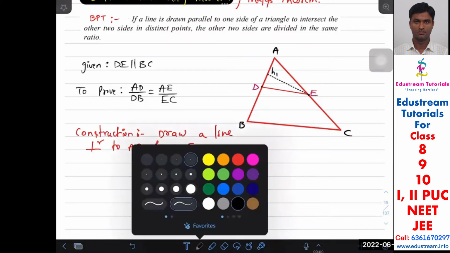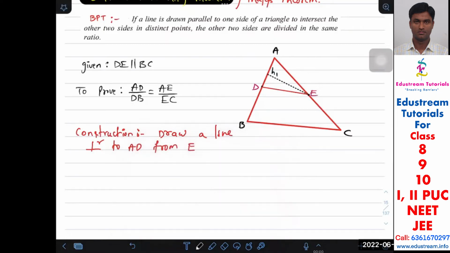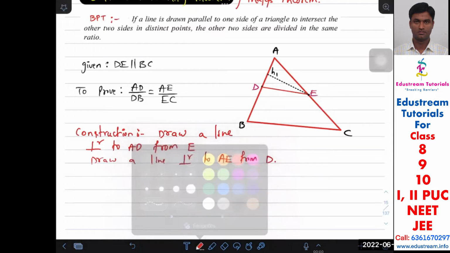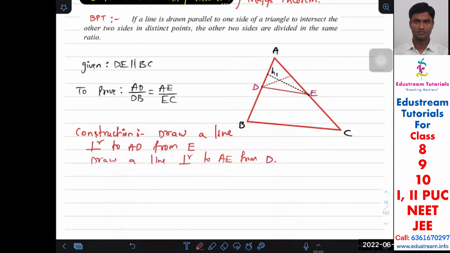Next, draw another line perpendicular to AE from D, and let's call it H2.